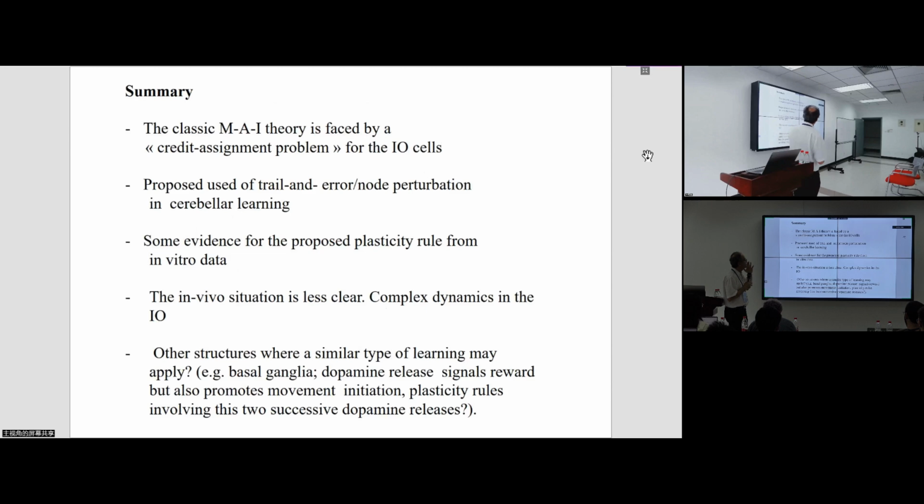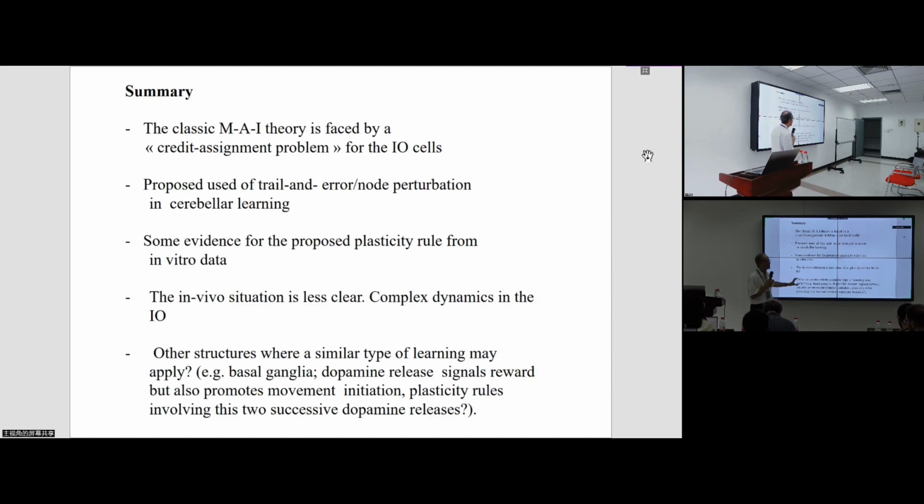So just to summarize, the classic theory of the cerebellum is faced with this credit assignment problem. We propose trial and error perturbation. There is some evidence in plasticity rules. The in vivo situation is less clear.